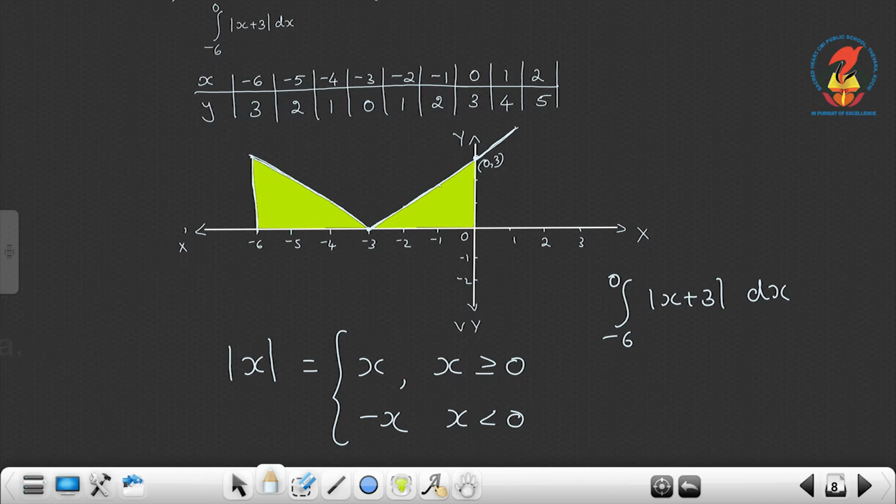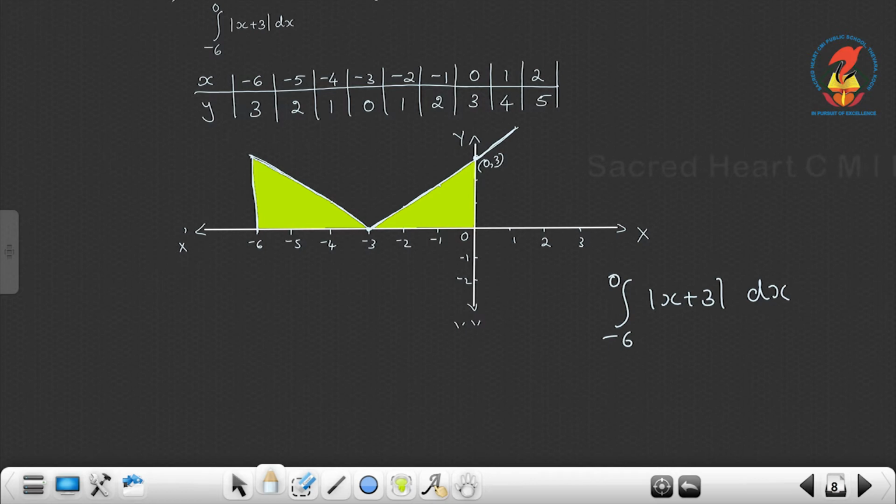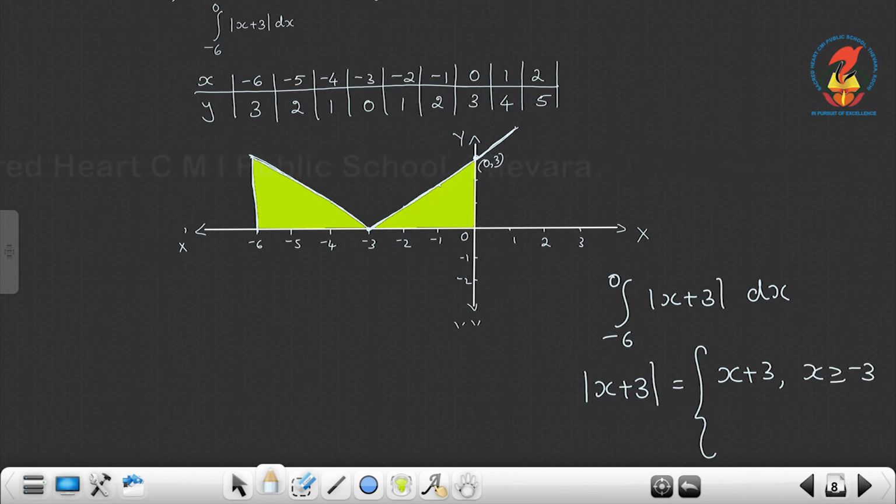How to split? Minus 6 to minus 3 and minus 3 to 0. Or we can define this as mod x plus 3. Mod x plus 3 we can write as x plus 3 itself when x is greater than or equal to minus 3.